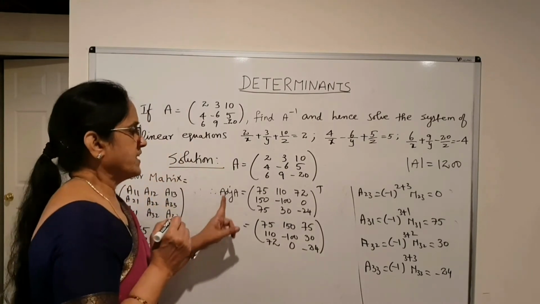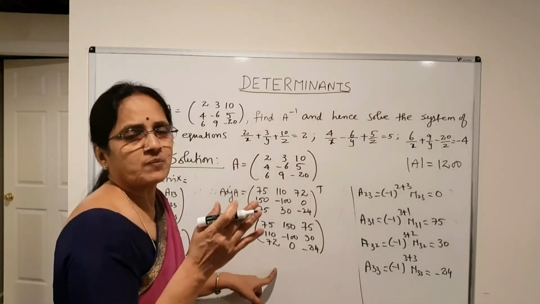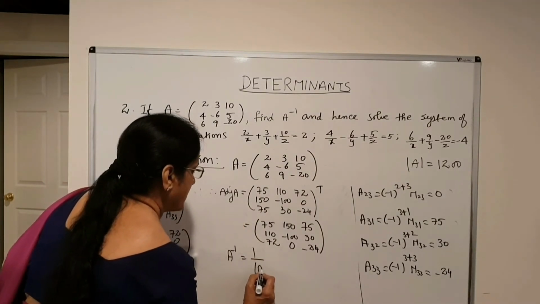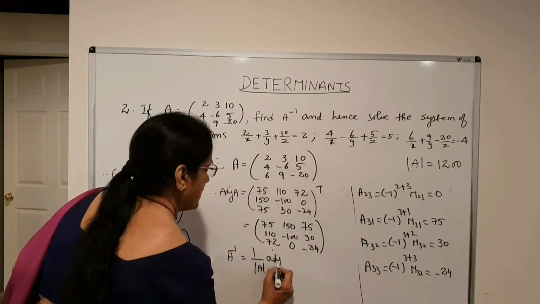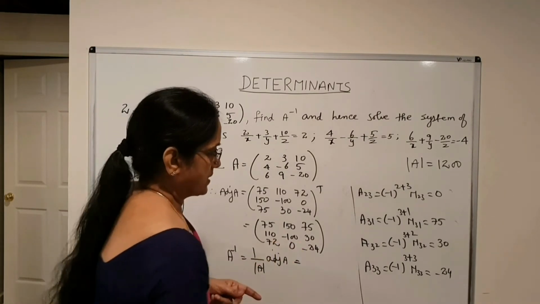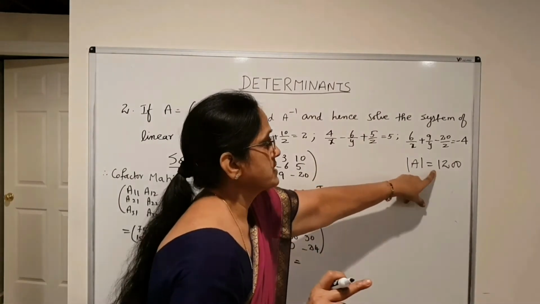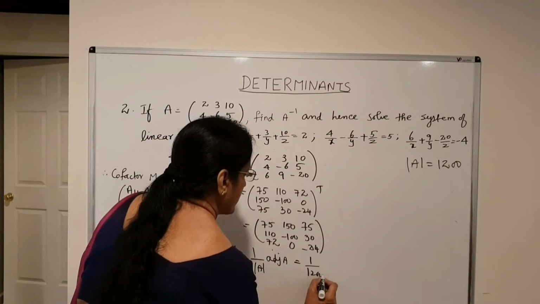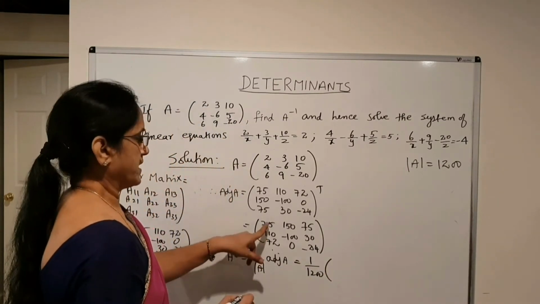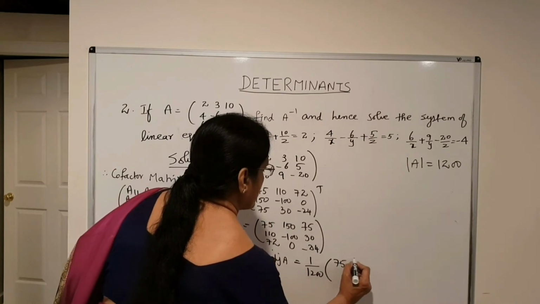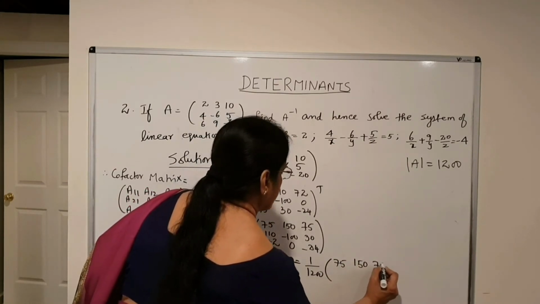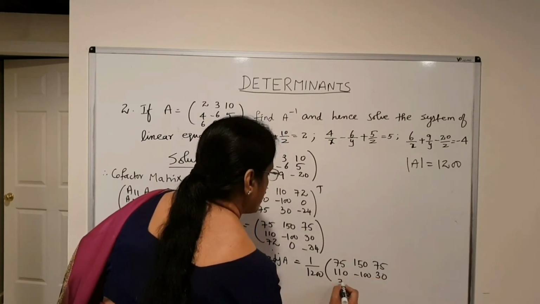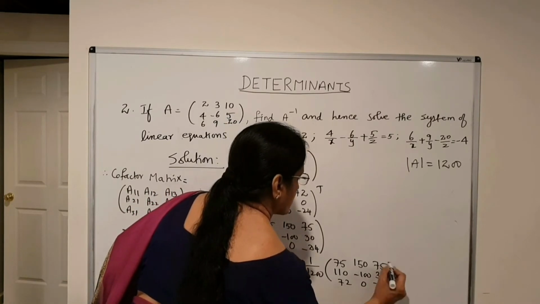Yes. Now that I have written the adjoint of A, it is very easy for me to write A inverse, because A inverse is nothing but 1 by determinant of A into adjoint of A, which is equal to determinant A value, which is 1200. So let me write over here, this is 1 by 1200 into adjoint of A. Adjoint of A is nothing but 75, 150, 75, 110, minus 100, 30, 72, 0, minus 24.